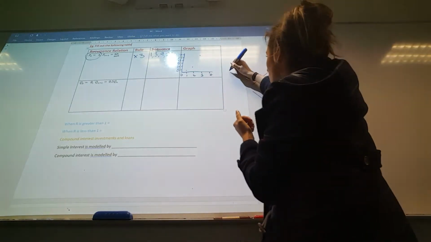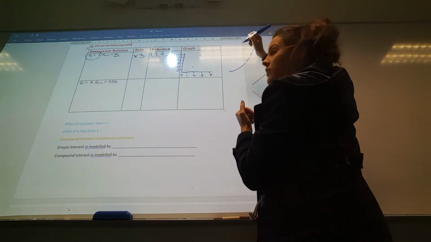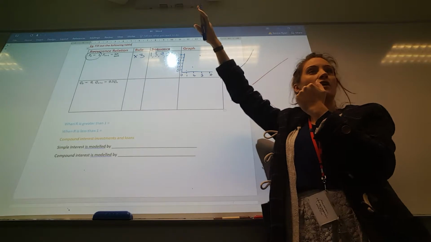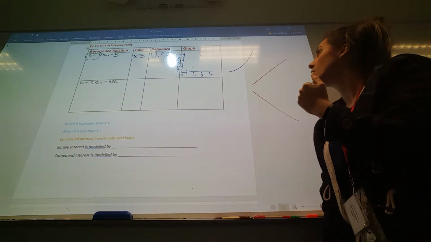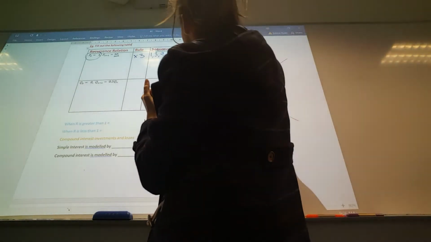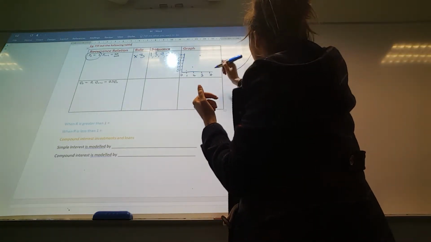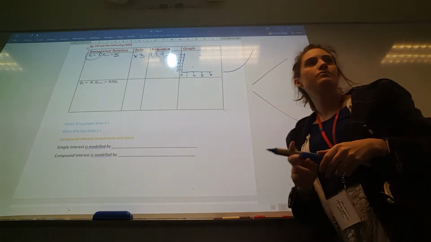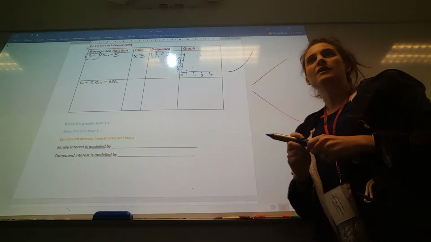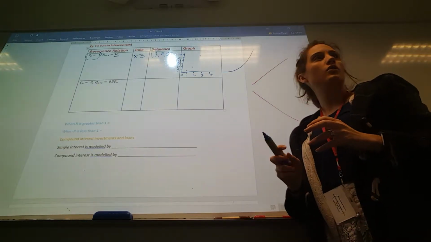So what this should look like is a curve that's going up. You might not be able to see it with those dots, but that's what it should look like. Any questions about that? All good?